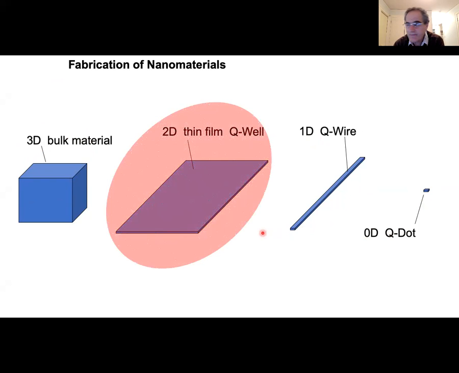But today, the emphasis is on quantum wells, all right? So quantum wells are thin films, usually. They're usually a thin film of one material that's grown on top of another material. Let's see how that could work.